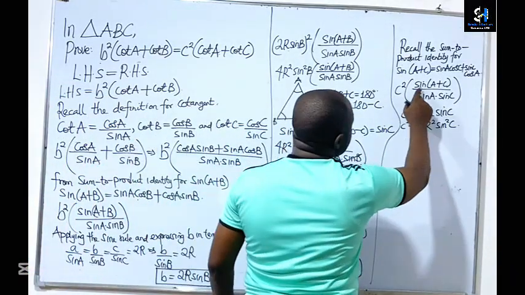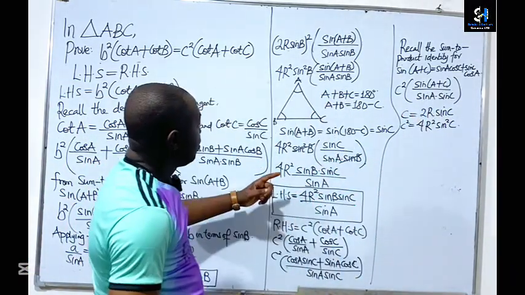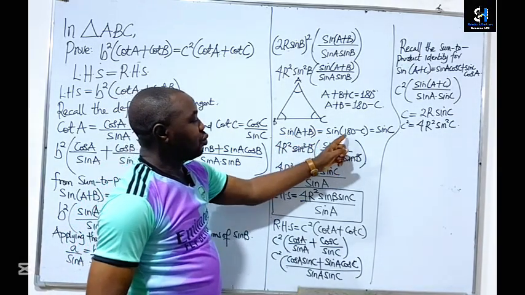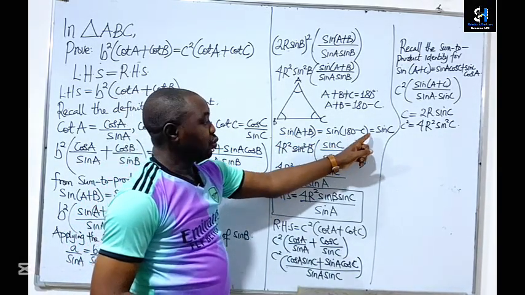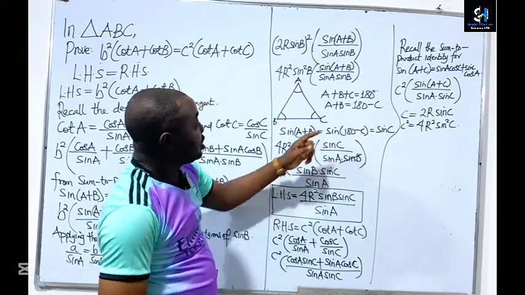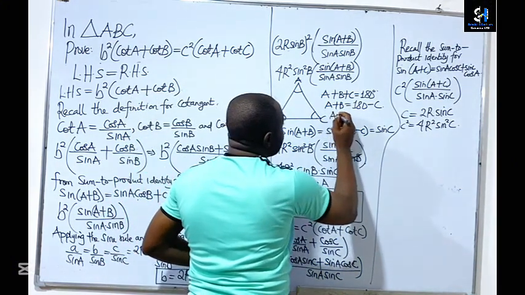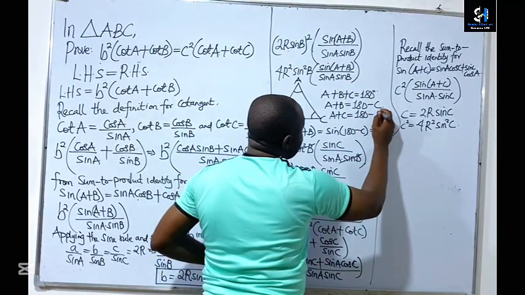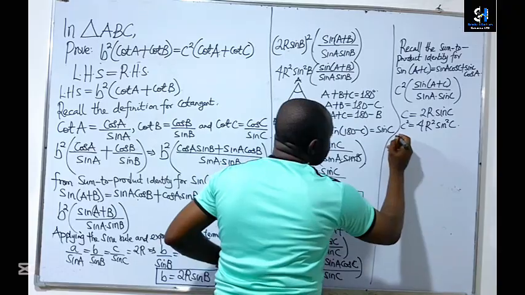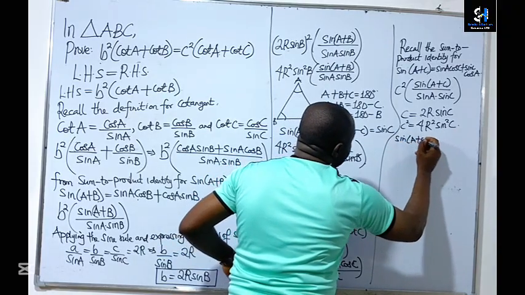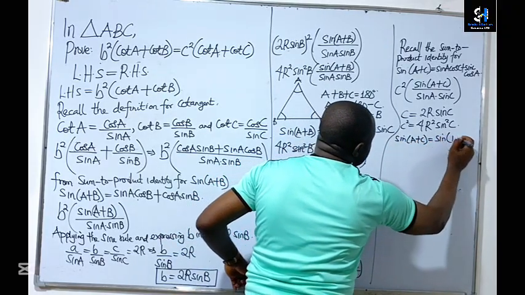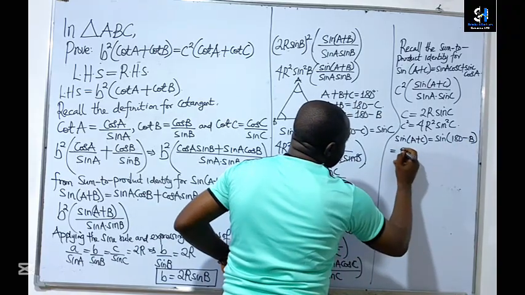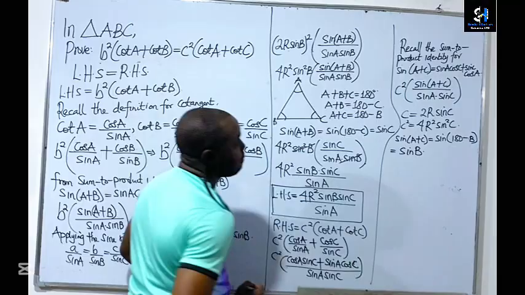Then also we have here sine (A plus C). Because we have sine (A plus B) equals sine (180 minus C), which equals sine C, we can also solve for A plus C. We know that A plus C equals 180 minus B, so sine (A plus C), which equals sine (180 minus B), will be sine B.